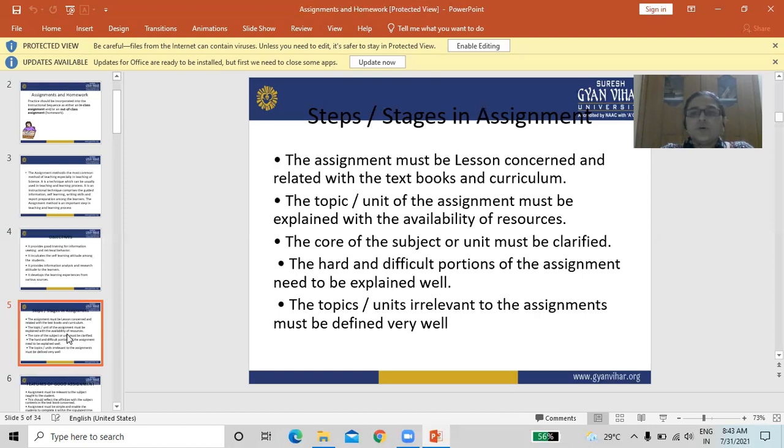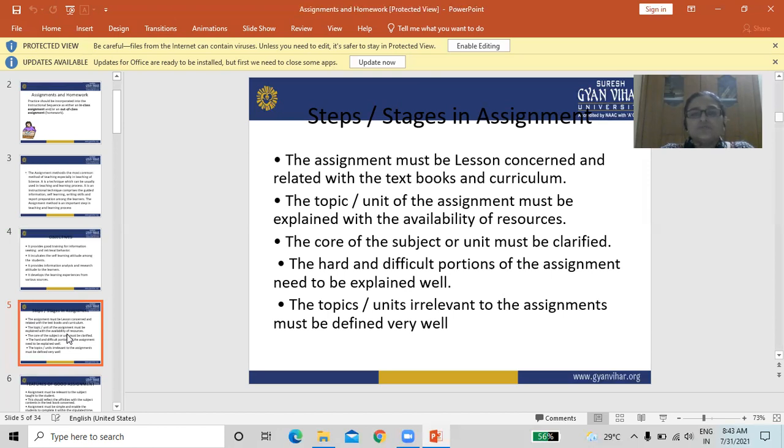So always remember one thing: whenever a teacher assigns to students the topic and the unit of the assignment, the resources must be available, so a student can do the assignment easily.